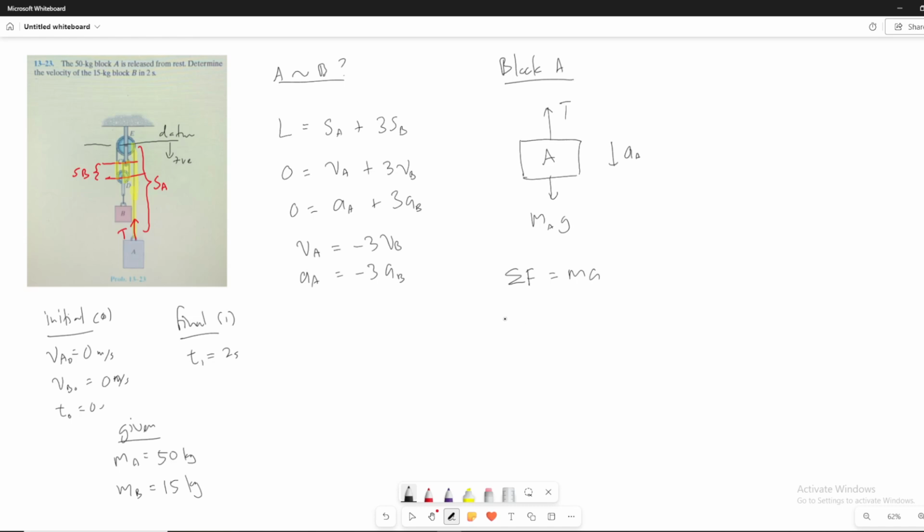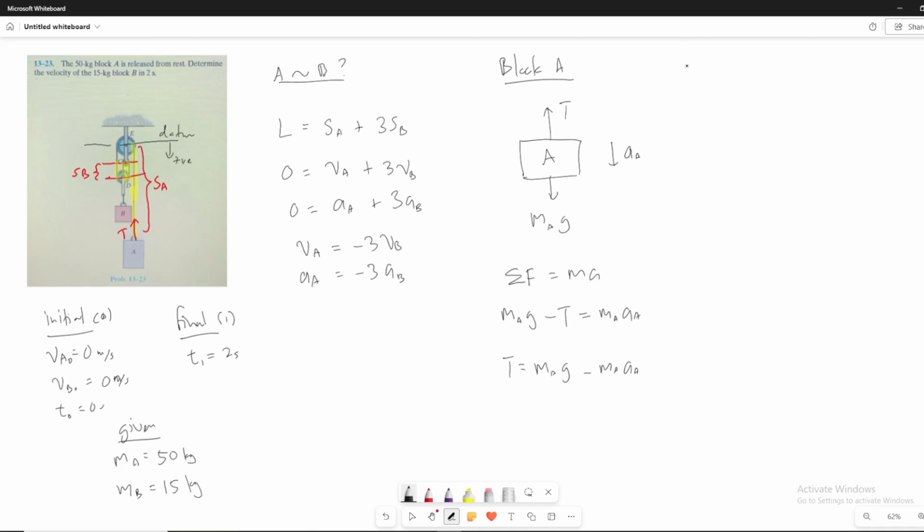So we get MAG minus T equals MAAA. At this point we don't know what T is yet. So T equals MAG minus MAAA.